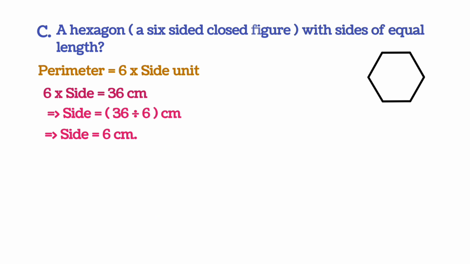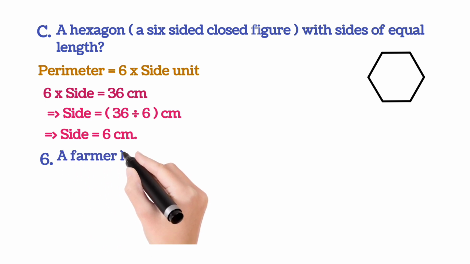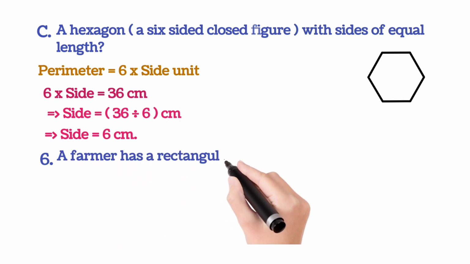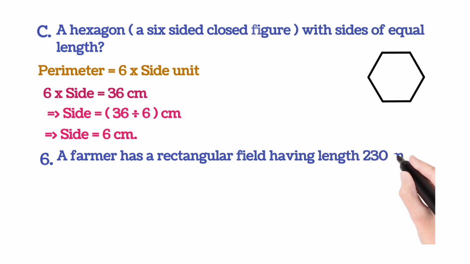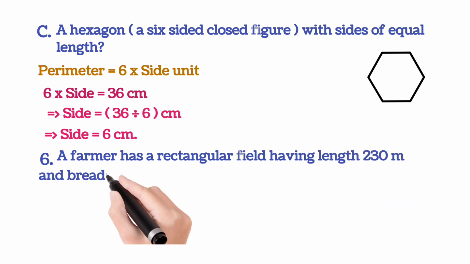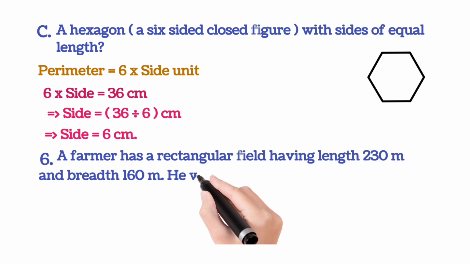Okay, fine. Now go for the next sum, number 6. In this question, it is saying a farmer has a rectangular field having length 230 meter and breadth 160 meter.